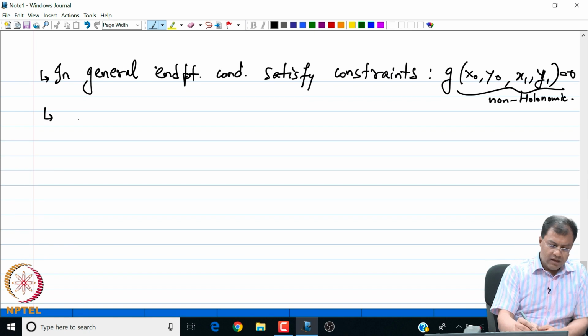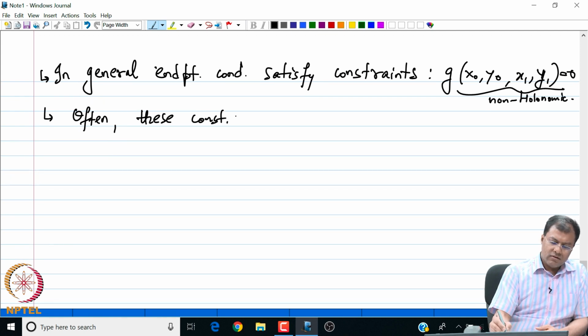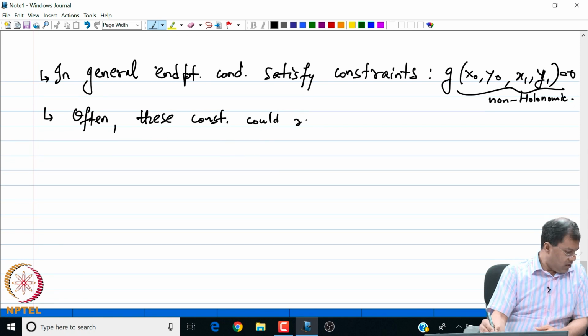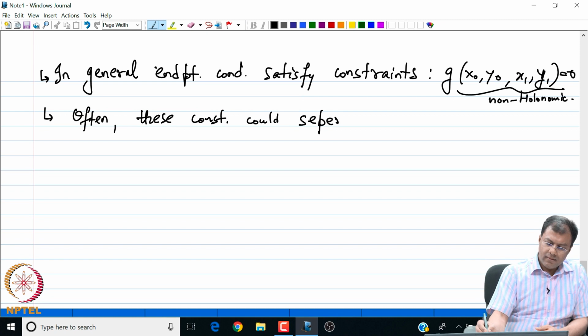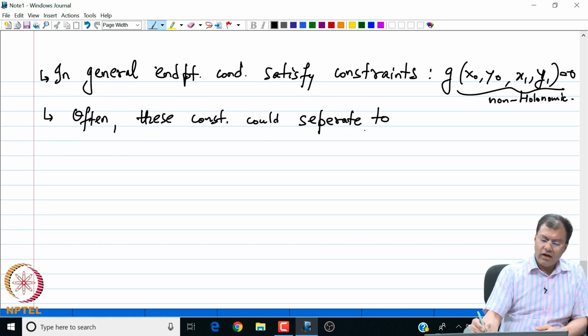So, what I am saying is, often these constraints could reduce, could separate. We are going to look at this discussion with an example.